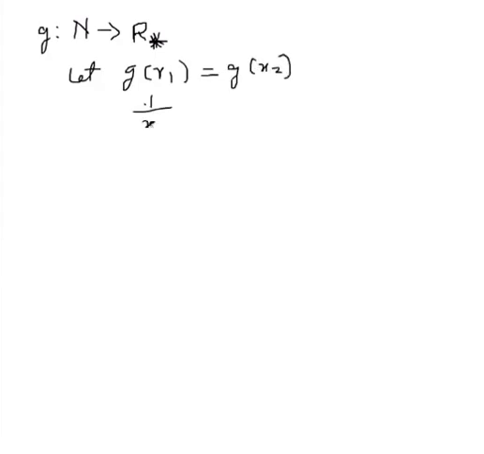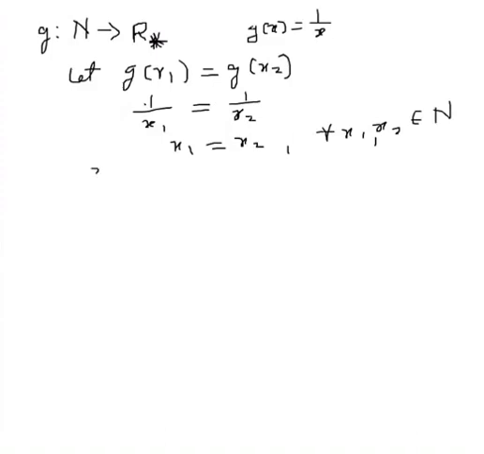The function is the same, so g of x is 1 by x. So 1 by x1 is equal to 1 by x2. If I cross multiply, I get x1 is equal to x2, and it is true for any two values taken from the domain N. Therefore, I can conclude that g is 1-1.